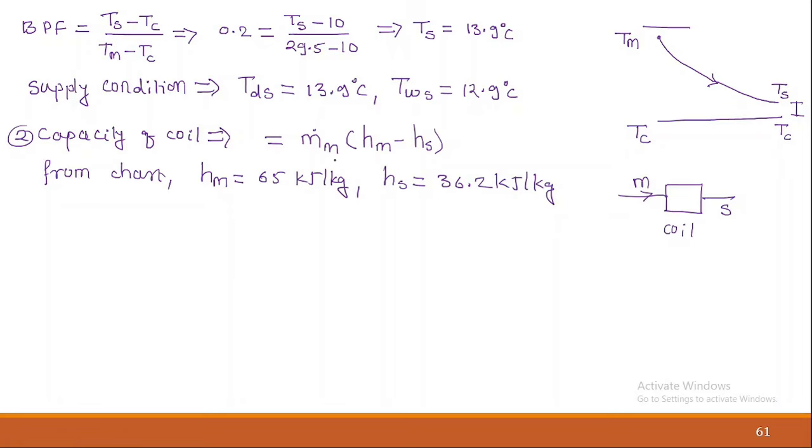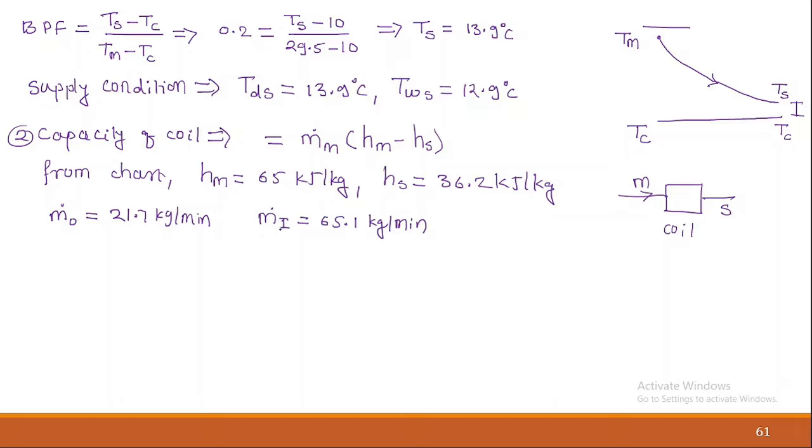Right, total mass flow rate is equal to sum of M dot O. We have M dot O, we have solved this in previous slide, that is equal to 21.7 kg per minute, and we have M dot I also, that is equal to 65.1 kg per minute.